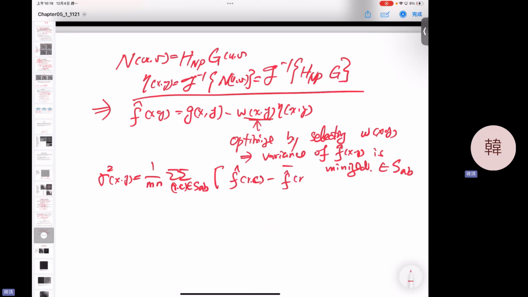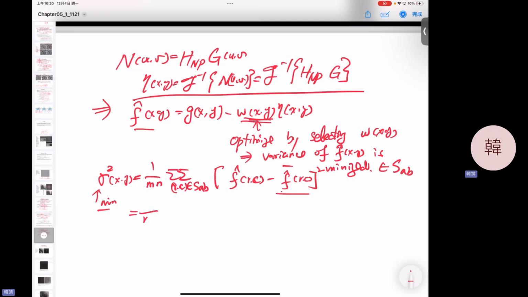That's the variance, right? I think this is basic probability. You want to evaluate the variance in this sub-image: you take every pixel value minus the average in this sub-image, take the square, and then take the average. So that's the variance. We try to minimize this, and your estimate image has this coefficient.